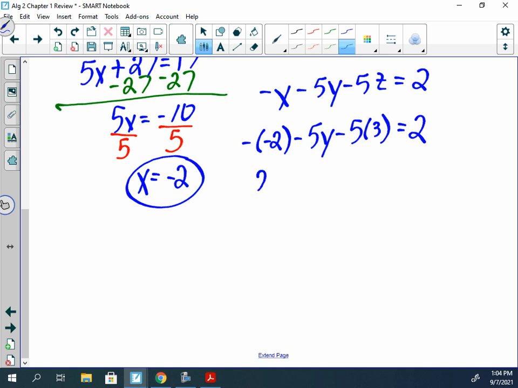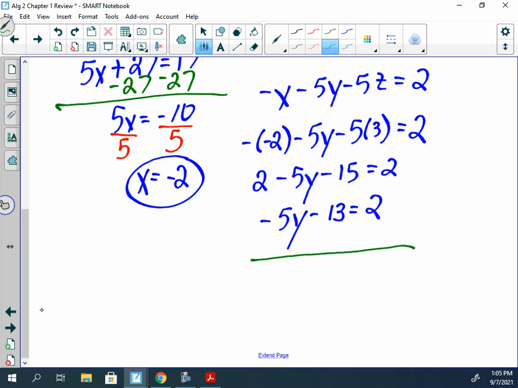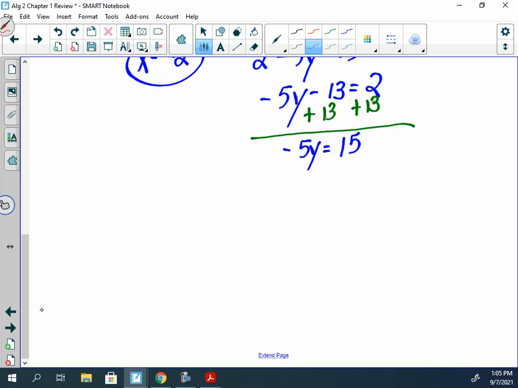Well, negative x is negative negative 2, which is just 2. Minus 5y, negative 5 times 3 is minus 15 equals 2. Negative 5y. 2 minus 15 is negative 13. At this point here we can add 13 to both sides, which tells us negative 5y is equal to 15.